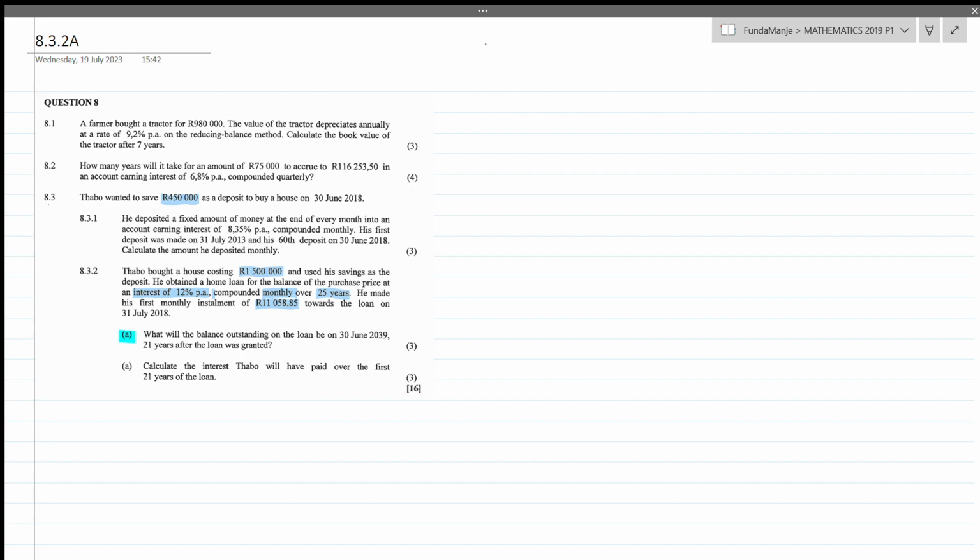So if I draw a very high level timeline, we have here he takes out the loan, and here he finishes paying out the loan. 21 years would be somewhere over here.